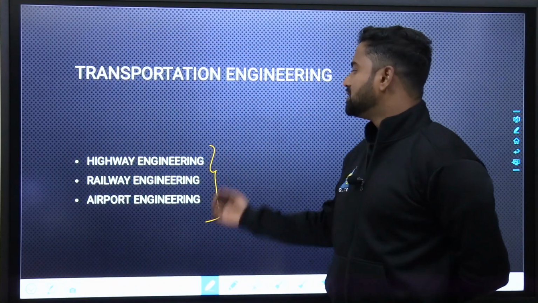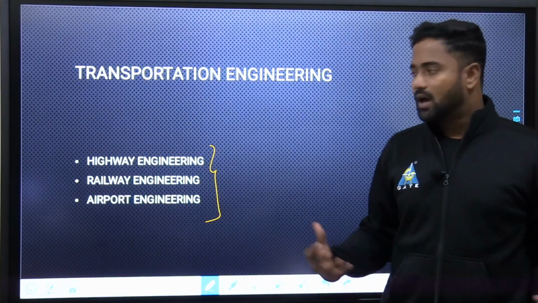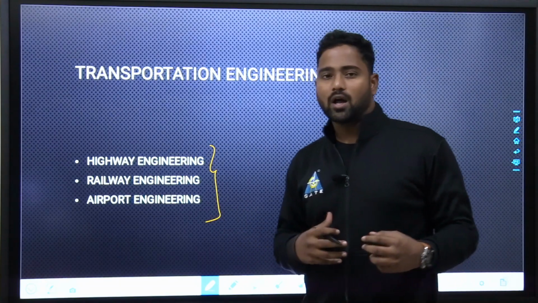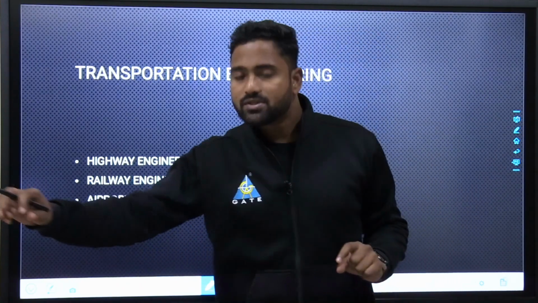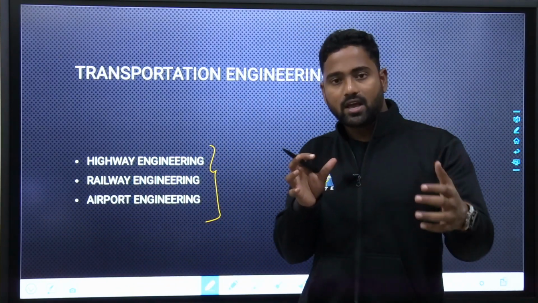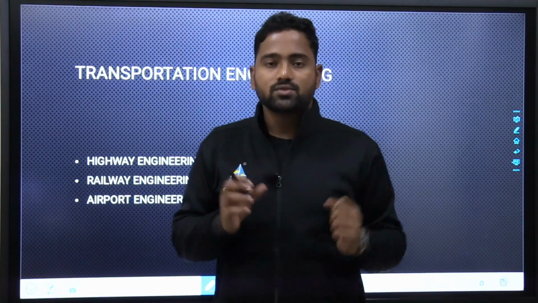In highway engineering, it deals with roads. And railway engineering means, are you going to design the locomotives? We are not going to design the locomotives, but we are going to design the track, the curves in the track, and the distances, the gauge distances, broad gauge, narrow gauge, all those we will be designing.